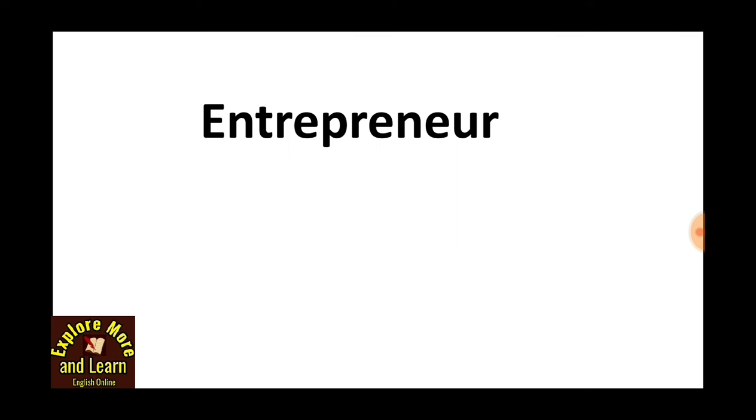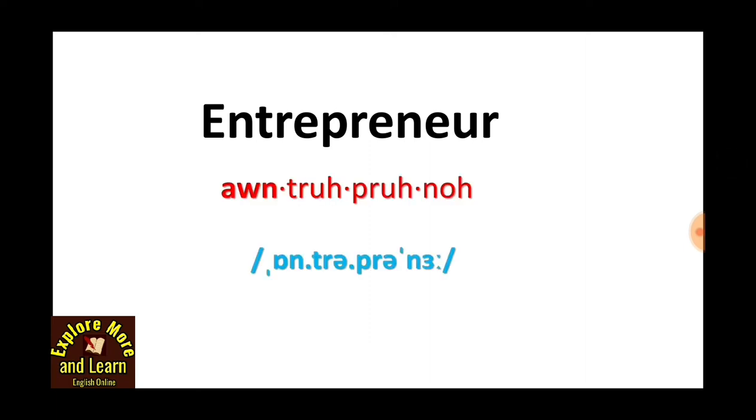The next word is this. How do you pronounce it? Entrepreneur? No. Again, it's incorrect pronunciation. The correct pronunciation of this word is entrepreneur. Okay? It's not an, it is on.